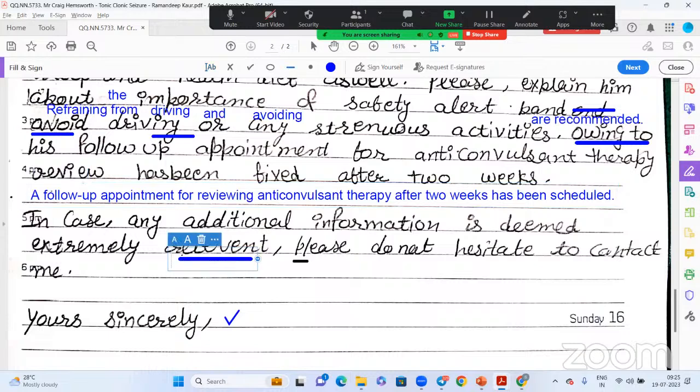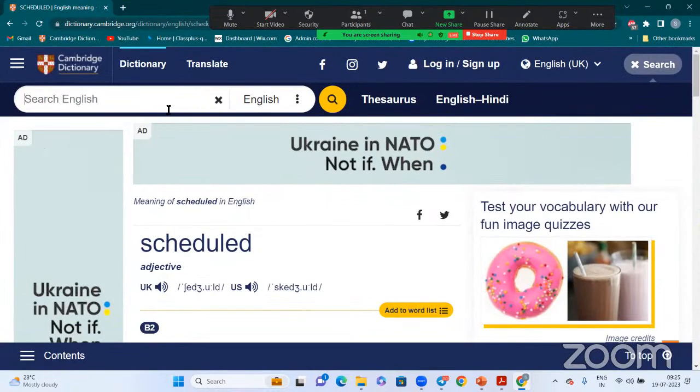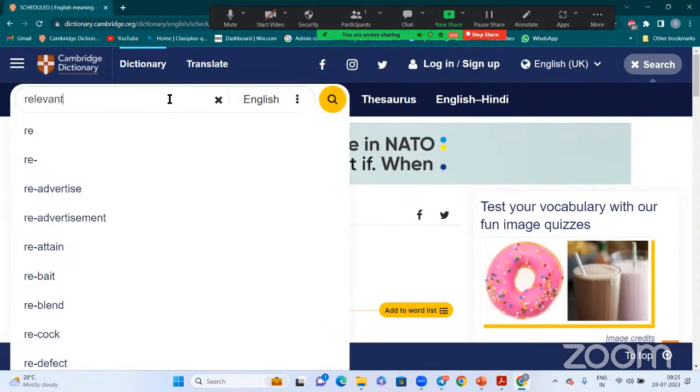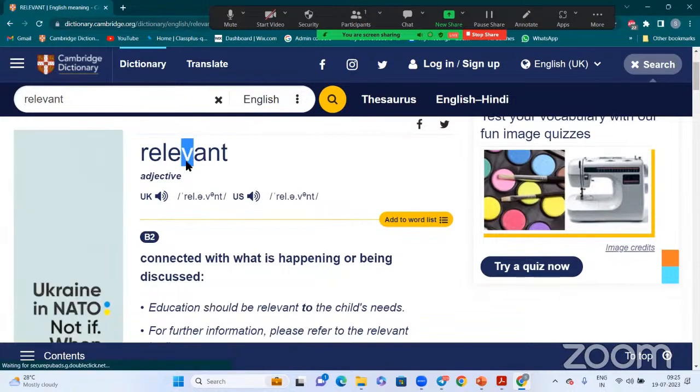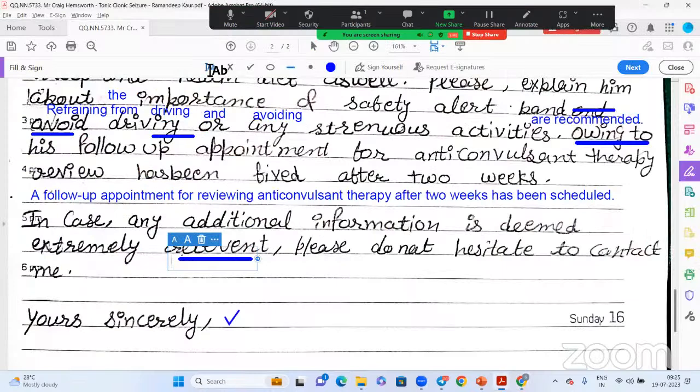Relevant is a very good word. Relevant is a B2 word. So be careful with the spelling. Relevant. Okay, please do not, O should go from the top.